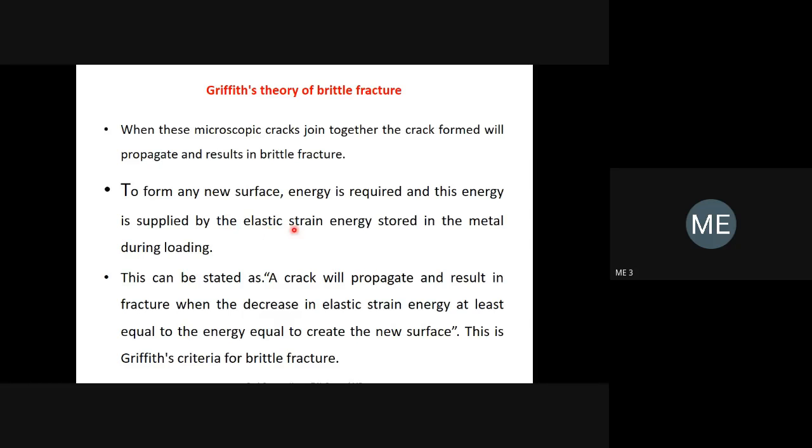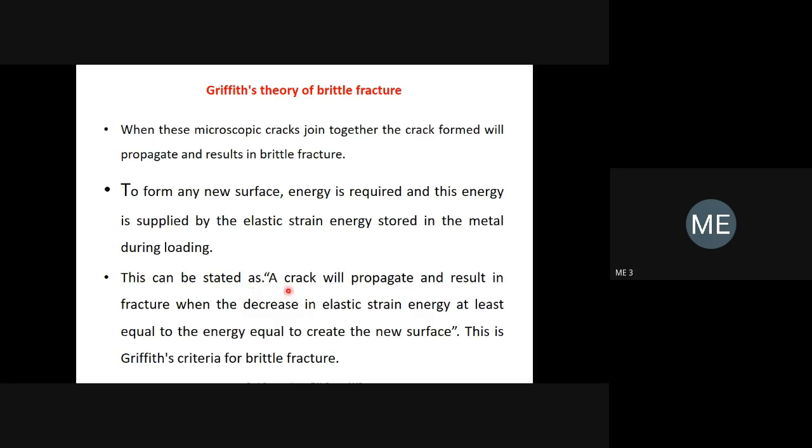So we can say that strain energy is stored in the metal during loading. When you apply a tensile load, a huge amount of energy is applied, and a lot of energy is stored in the material in the form of strain energy.